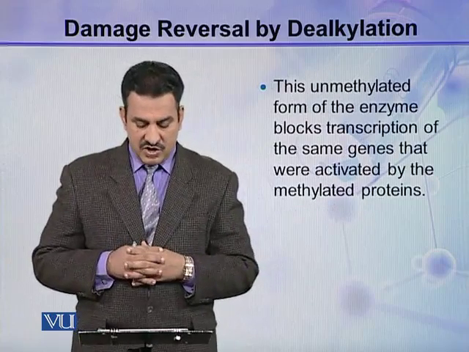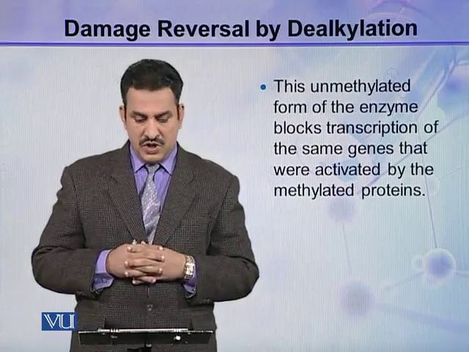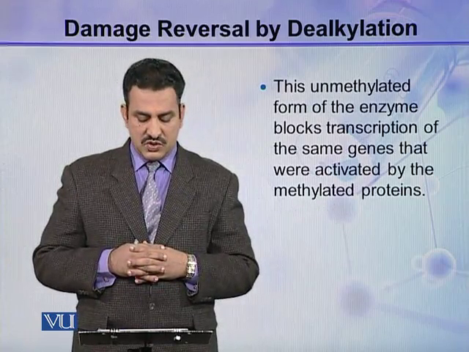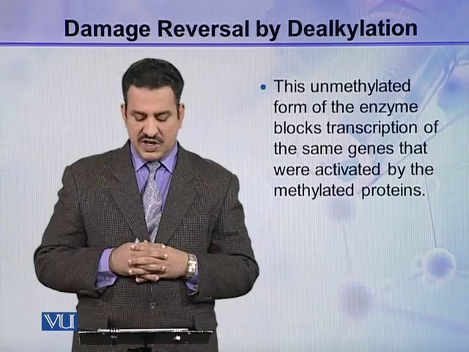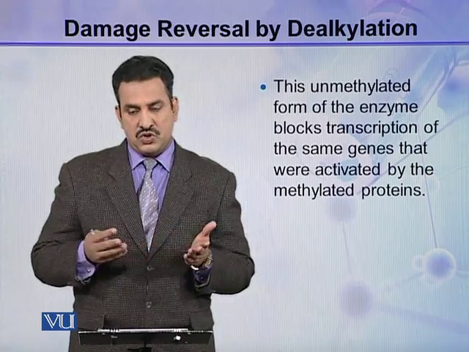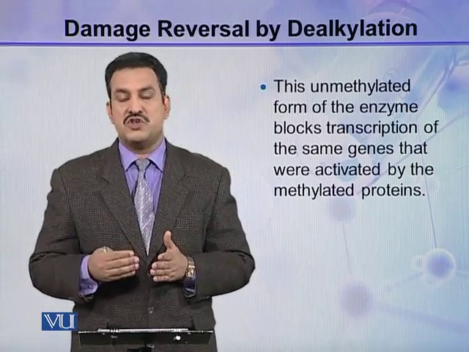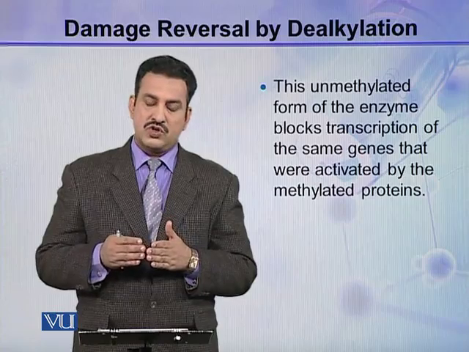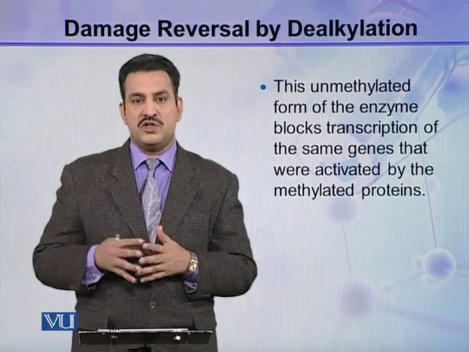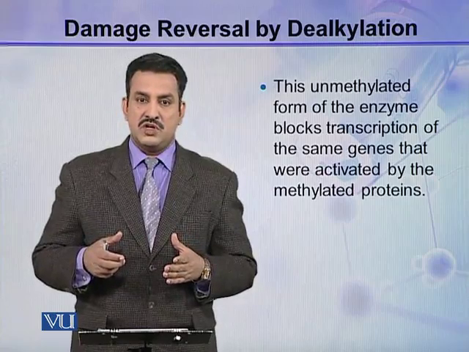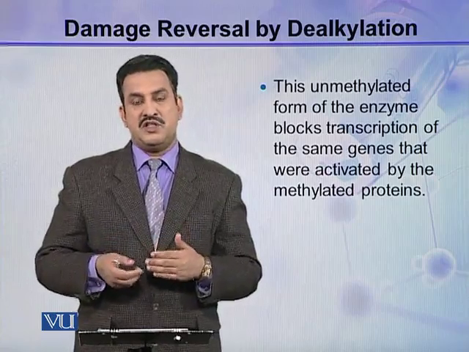This unmethylated form of the enzyme blocks transcription of the same genes that were activated by the methylated protein. So it acts as a sort of feedback inhibitor, and it stops the further synthesis or further expression of the same gene. So in this way, these enzymes regulate themselves.